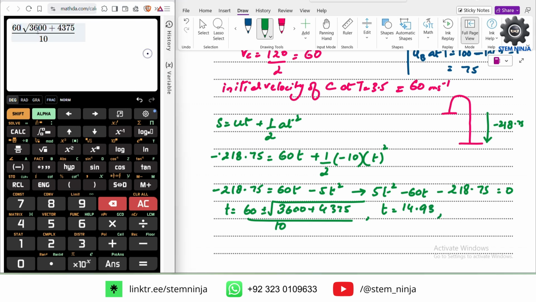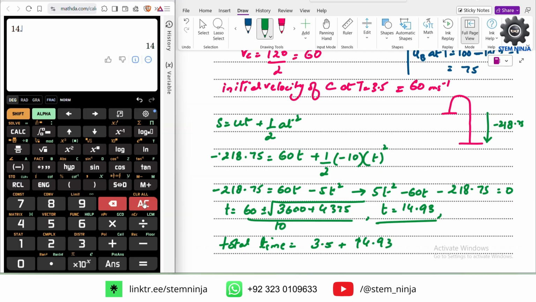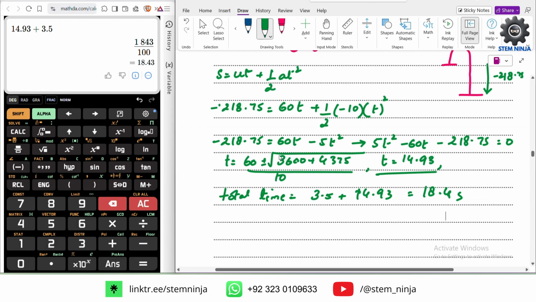The other answer would be negative, so obviously that can't be correct. So this is the time. Total time, we need to add the 3.5 on top of it: 14.93 plus 3.5 is 18.43. So we can say 18.4 seconds. Right, okay, moving on.